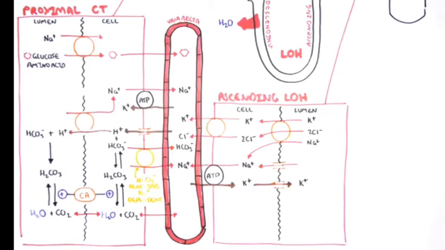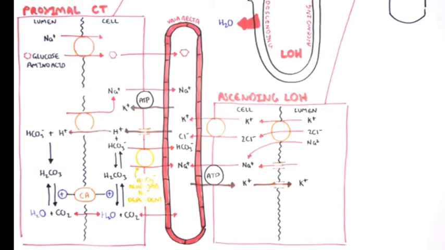There is movement of sodium and glucose with amino acid into the cellular part, which will go into the vasa recta to be reabsorbed. There's also exchange of sodium and potassium via active transport. So the sodium will be reabsorbed in exchange with the potassium ion.